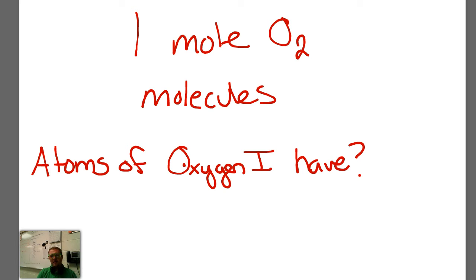Notice that I'm really asking 2 things here. Notice that this is a molecule. It has 2 or more atoms bonded chemically. But I want atoms. I don't want O2. I want just O for oxygen. Now I have 1 mole of O2. For this particular example, I want you to think about it as, let's say that O2 is represented by a person.